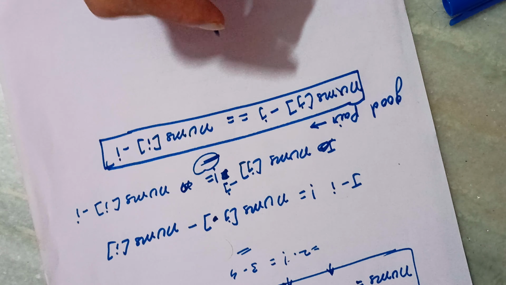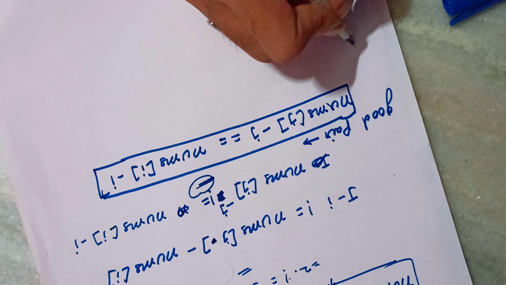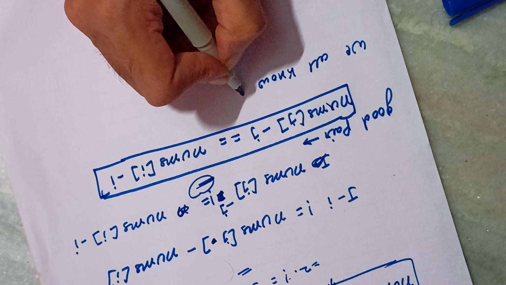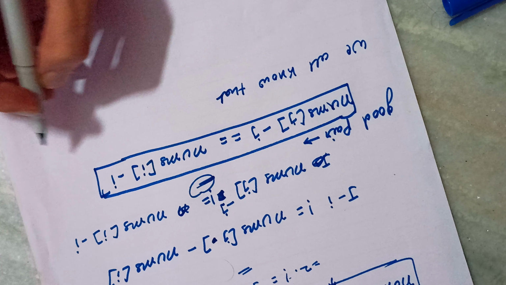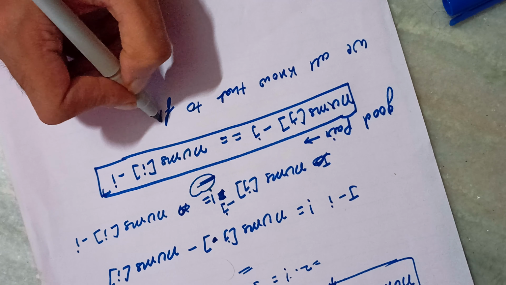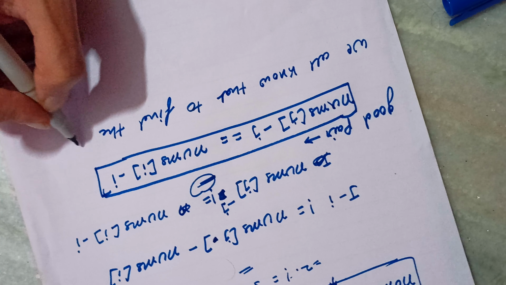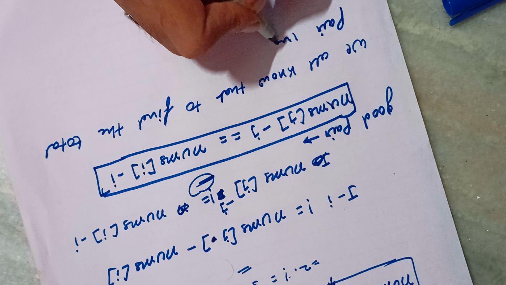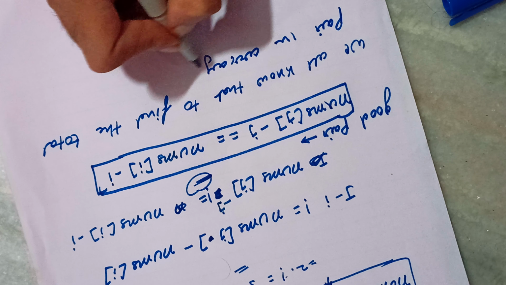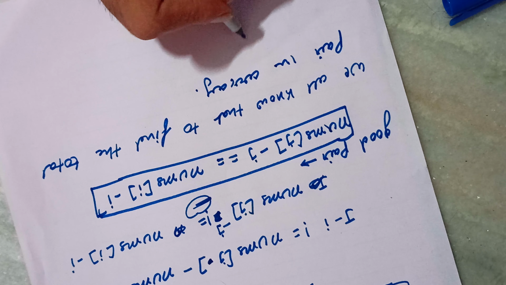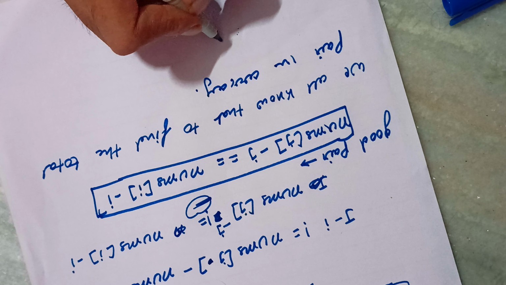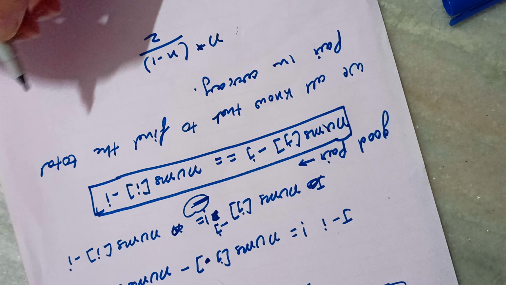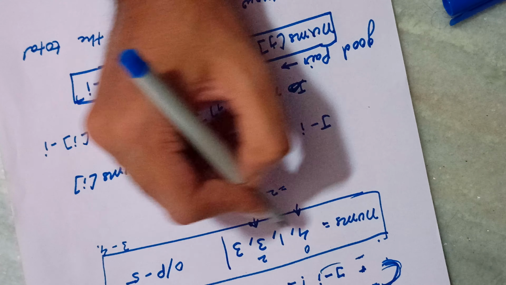We all know that to find the total number of pairs in an array, we can use the formula n into n minus 1 divided by 2. So how many pairs do we have in this array?